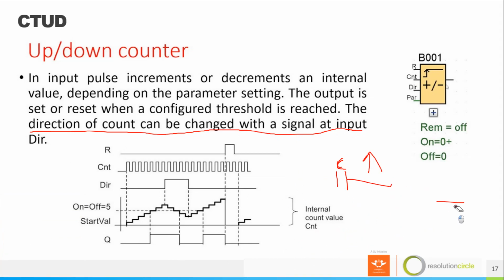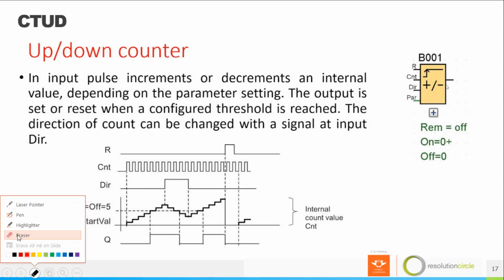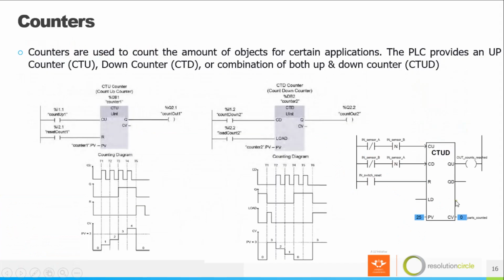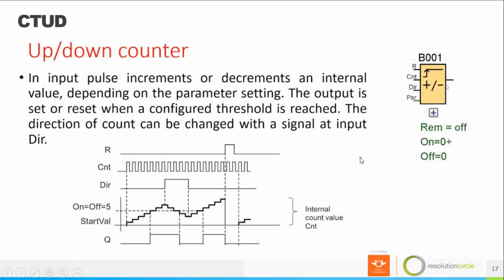That's the nice part of this local PLC. But other PLCs, as you saw here, have a port for counter up and a port for counter down. But with Logo, it has one port for counters, for up or down. You just have to change the direction.